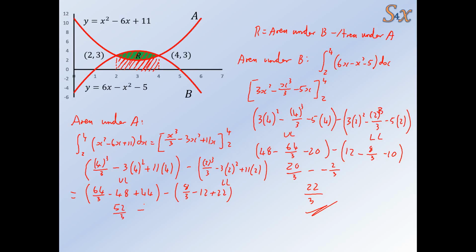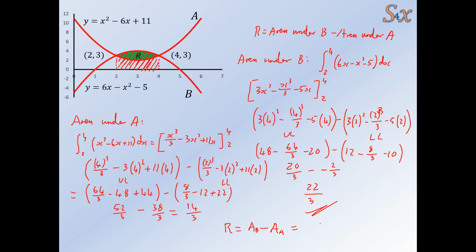And for the lower limit, we get 8/3 minus 12 plus 22, which gives us 38 over 3. Do the subtraction, and that gives me 14/3.